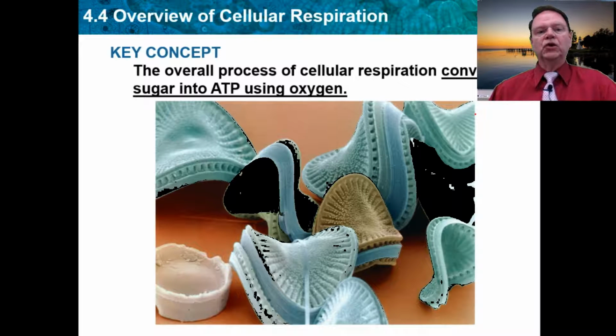Well, we're going to learn here that cellular respiration is going to take that sugar and convert that into a molecule called ATP using oxygen. In fact, quite a few molecules of ATP will result when we use oxygen in a process known as cellular respiration. Let's take a look.